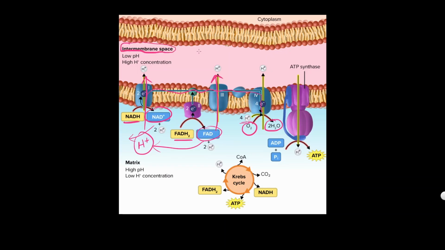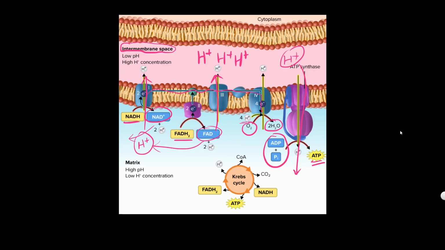So in the meantime, you're going to have a lot of H pluses all concentrated in intermembrane space. And using that gradient, the only way H plus can relieve that stress is to go through ATP synthase. And it's that power that phosphorylates ADP into ATP.